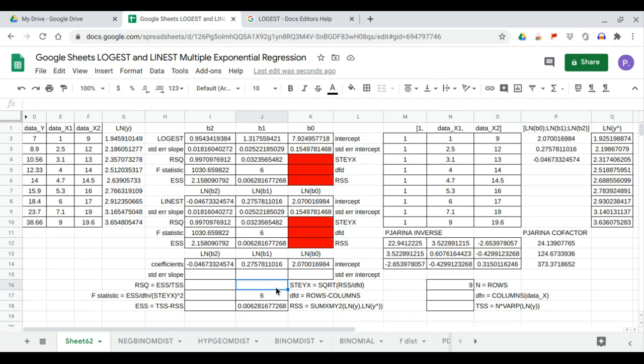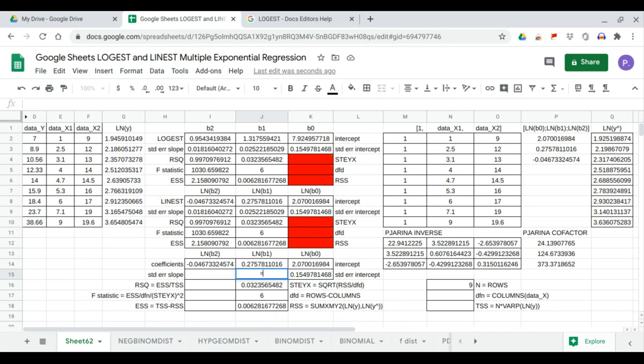Next, we calculate STAY-X, the standard error estimate, which is the square root of residual sum of squares divided by degrees of freedom. 0.0323 matches our LINEST and LOGEST output. Next, we calculate the standard error values, starting with ln b0. This is equal to STAY-X times the square root of pseudoinverse 1. 0.1549 matches our LINEST and LOGEST output.